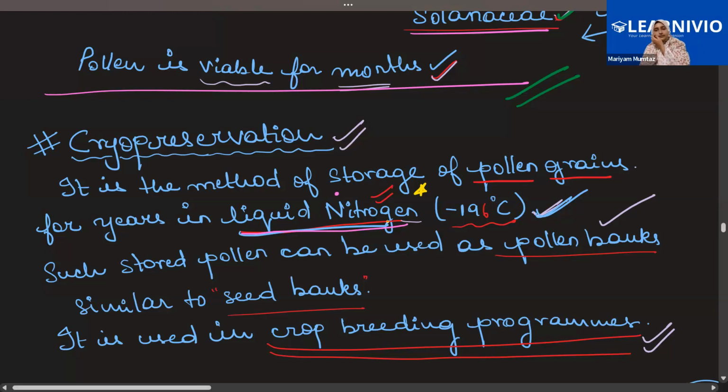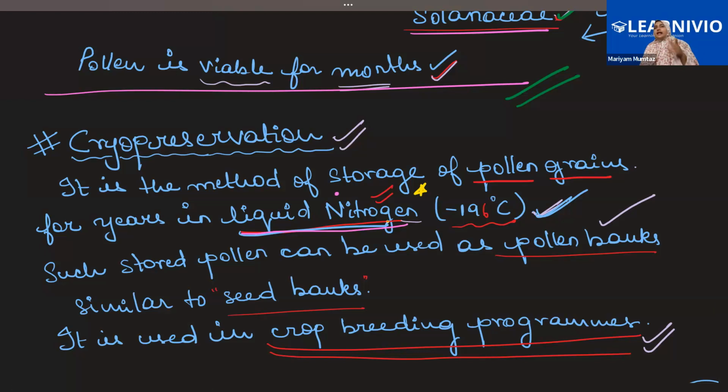Any doubts? No. Okay. Tell me now, let us quickly recap. Tell me the process of microsporogenesis. Which kind of division takes place in it? Meiotic. Very good. And during the process of meiosis, diploid to haploid or haploid to diploid cells?